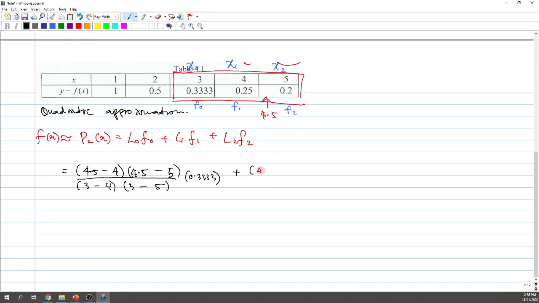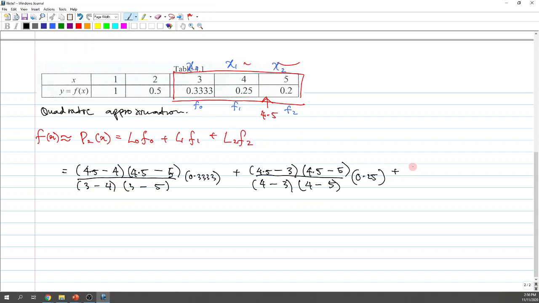Then plus the second component. 4.5 minus other than x1, so the first one is 3, and this time 5, divided by x1 minus x0, x1 minus x2, and f1 is 0.25.